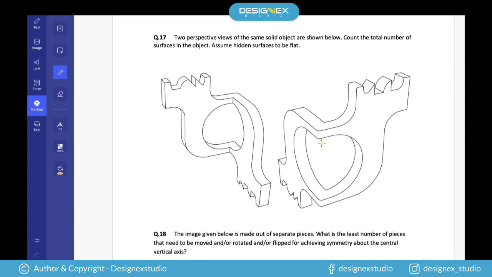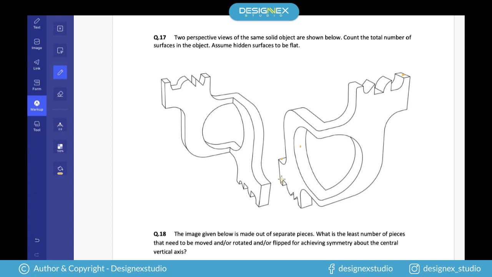Okay. So guys, in this one, the 17th one, you have to calculate the number of faces. So if you see, this heart would be only one face. You can start from one side, pick up this one side, and count 1, 2, 3, 4, 5, 6, 7, 8 up till here, then 9.